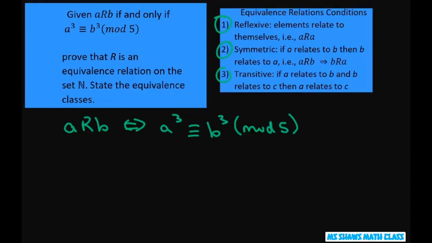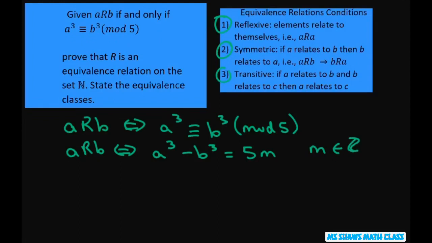So what we want to write is A is related to B if and only if A cubed minus B cubed equals 5m for some m that belongs to the integers.